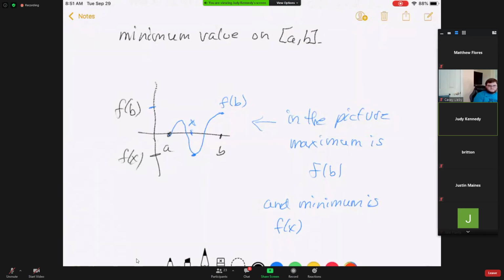So sometimes the minimum occurs at one of the endpoints. Sometimes it occurs somewhere in the interior. Both situations can happen, and likewise for the maximum.